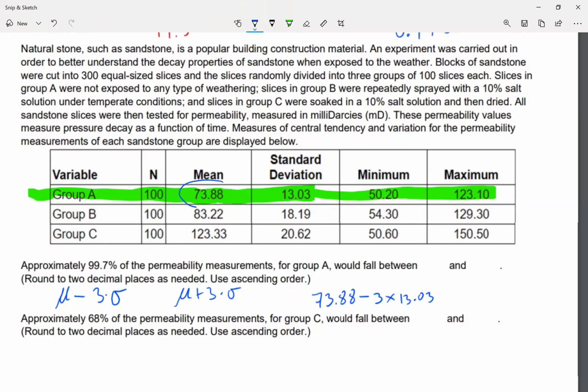All I need really is the mean and the standard deviation, because it's 99.7%. I know my empirical rule says 3 standard deviations. So I'm going to type this on my calculator: 73.88 minus 3 times 13.03. I know my calculator knows that I multiply before I subtract. So it gives me 34.79.